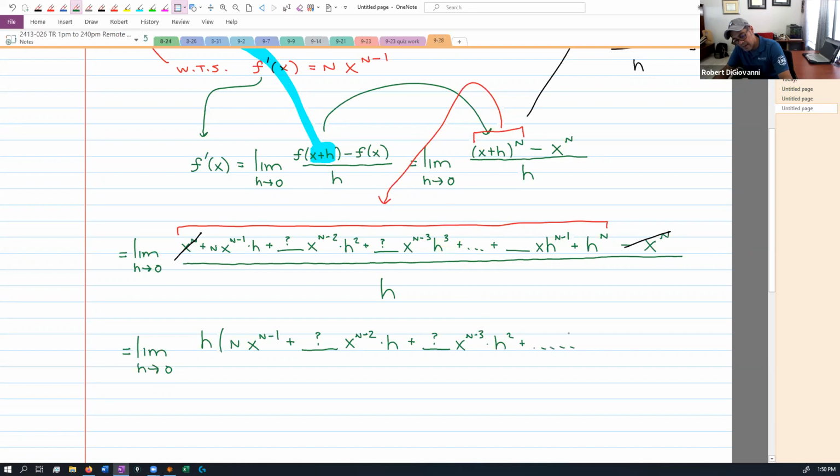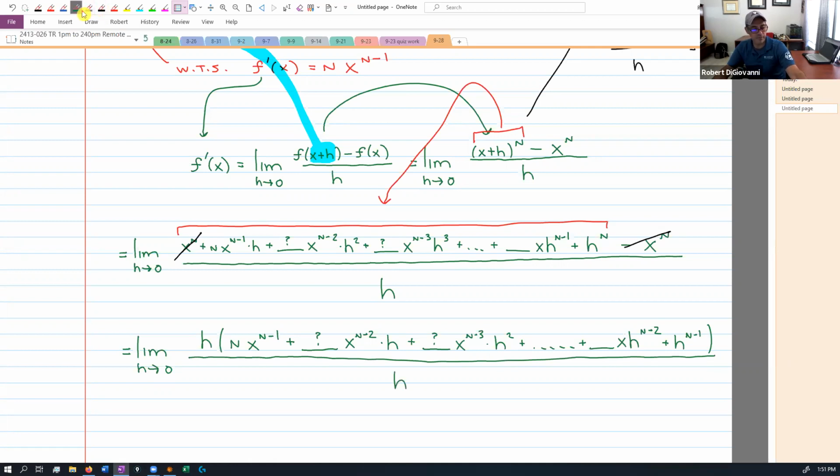Plus h cubed, dot, dot, dot, plus something x to the h here. I took one away from this, so this will be n minus 2 now. And the last term will be h to the n minus 1. All over h. These h's cancel.